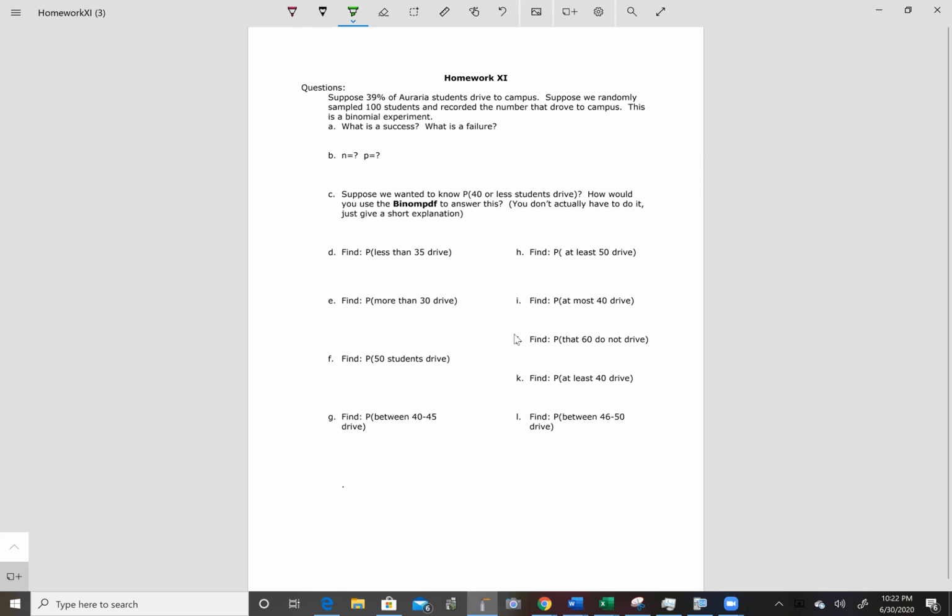This is a binomial experiment, right? Because they either drove to campus or they did not drive to campus, and the percent is the same each time. So what is a success? A success is that the student drove.